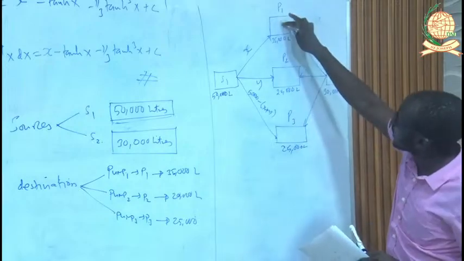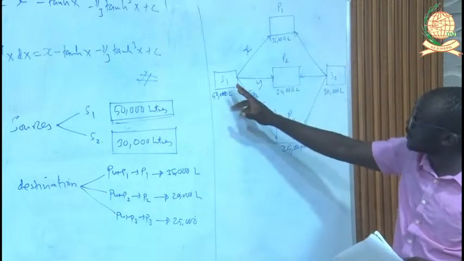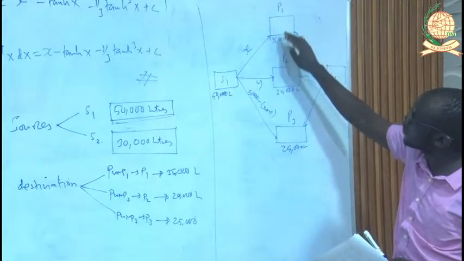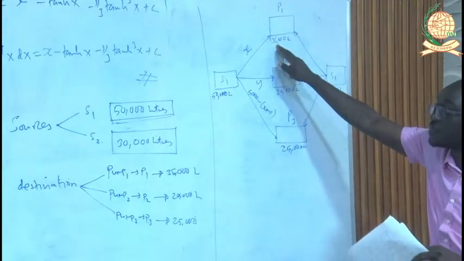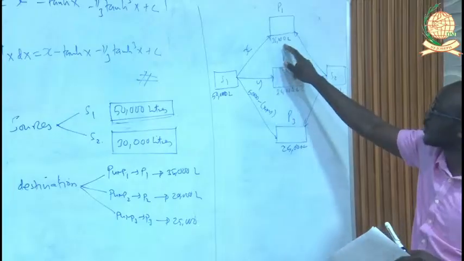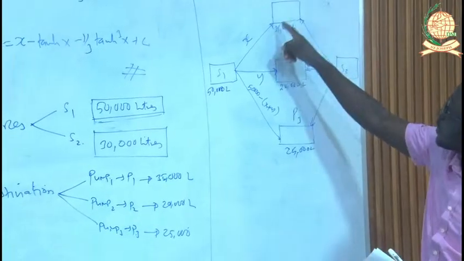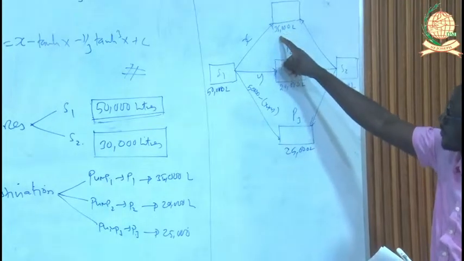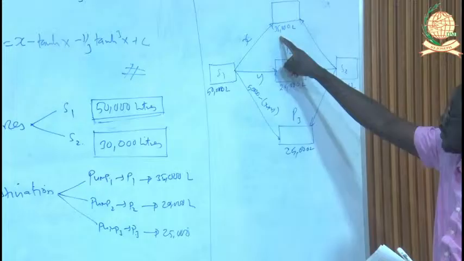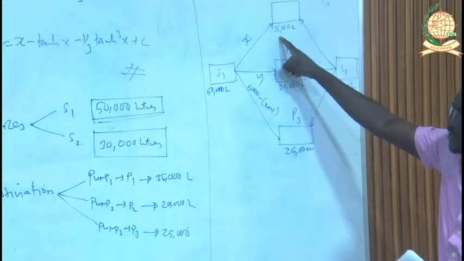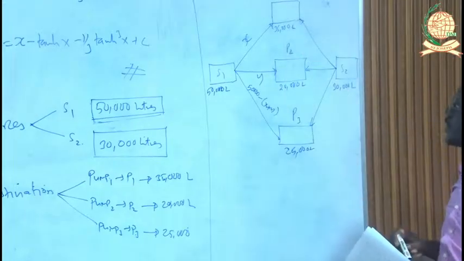The requirement for P1 is 35,000. So what S1 gives here should not exceed 35,000. It should be less than or equal to 35,000. If the amount X was below 35,000, like 20,000, then P1 will be missing 15,000.